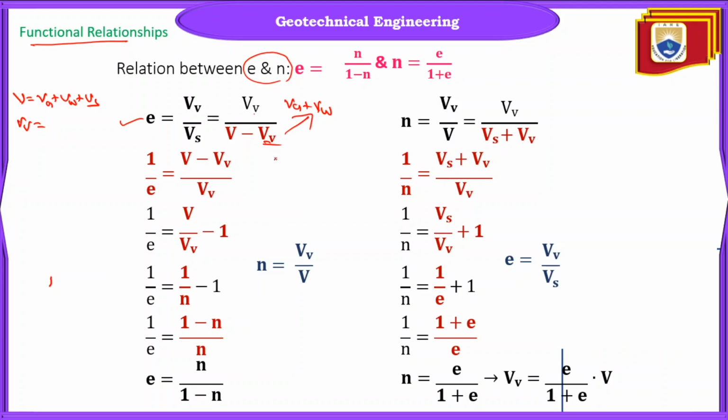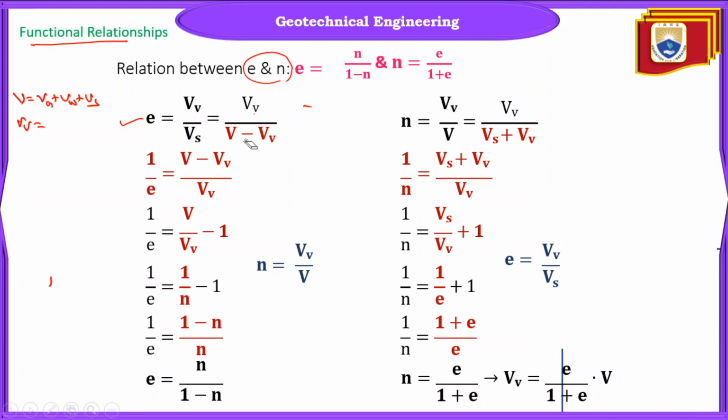So we can write V minus Vs is equal to Vv, where V is the total volume and Vv is the volume of voids.